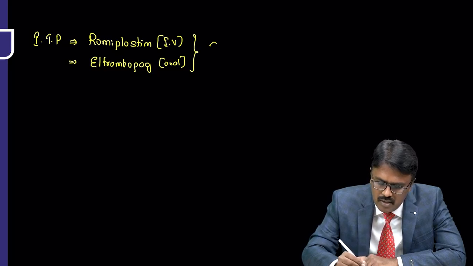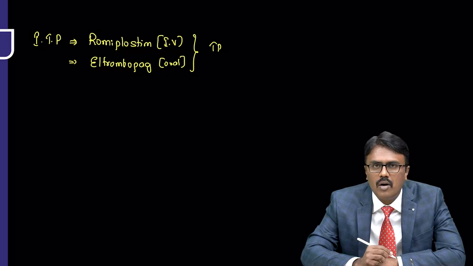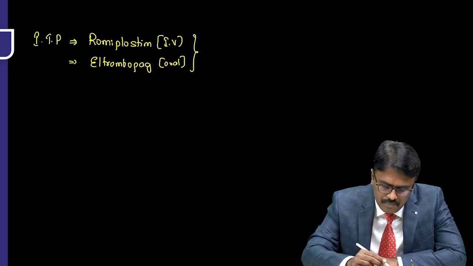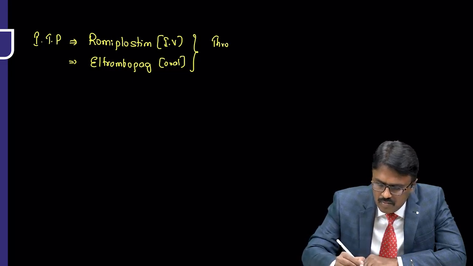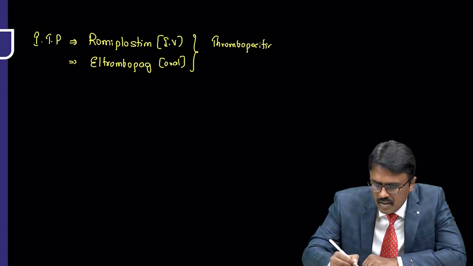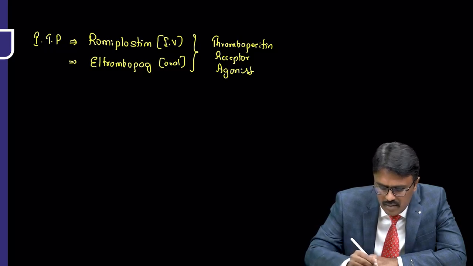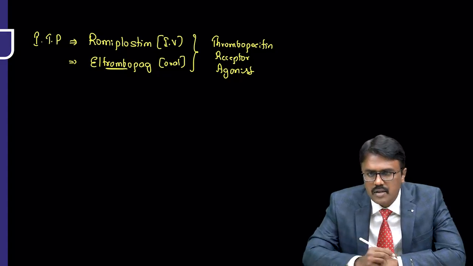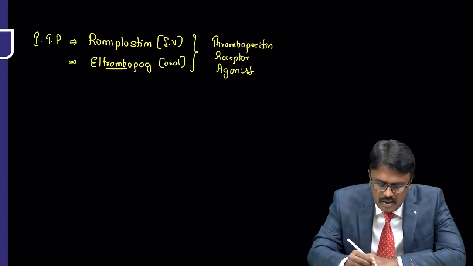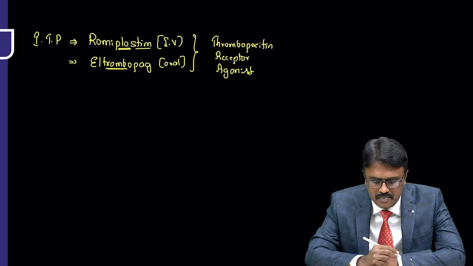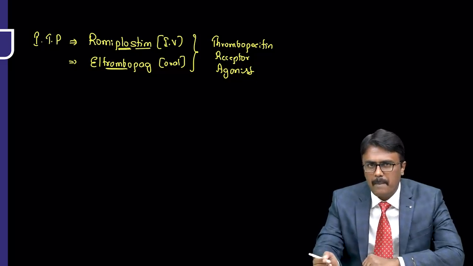They both stimulate a receptor called the thrombopoietin receptor. So these are thrombopoietin receptor agonists. You read the name, thrombo: platelet stimulator, romiplostim. So these are the drugs used for ITP.